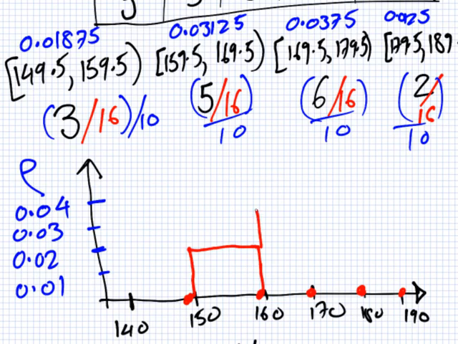Then the next one will be the highest. It's nearly at the top. And then the last one, 0.0125. So it'll be about here, a bit lower than the last one. So this is our histogram.